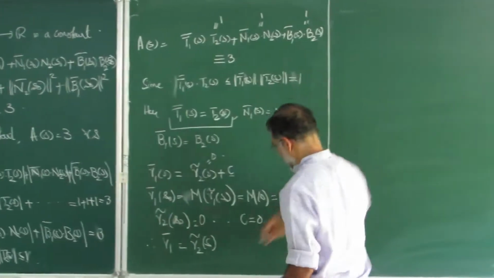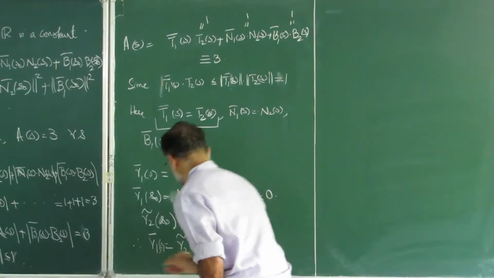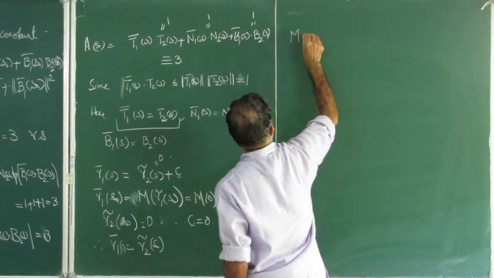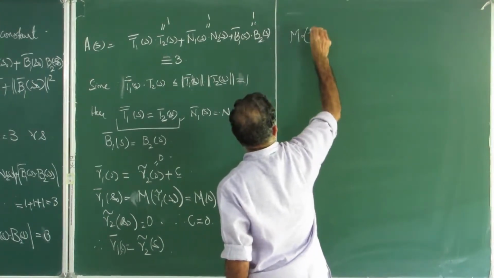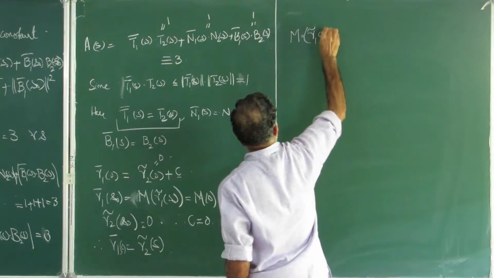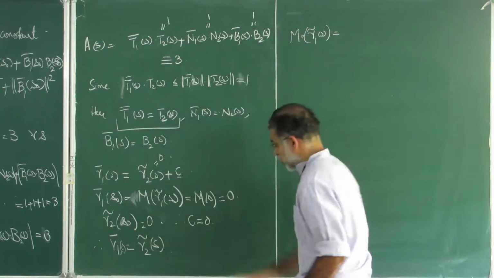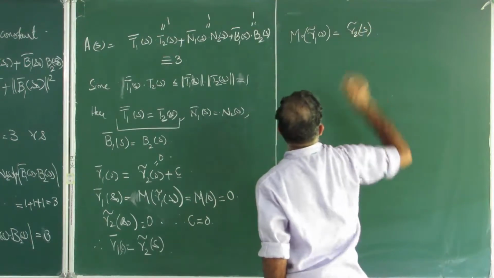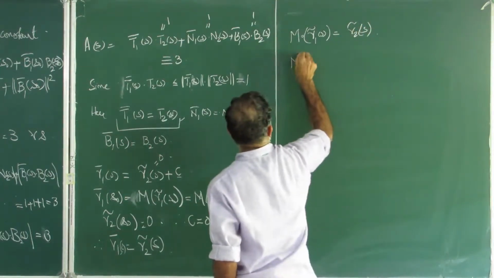What is gamma 1 bar at S? Gamma 1 bar at S is M times gamma 1 tilde at S, which is equal to gamma 2 tilde at S. This is done.